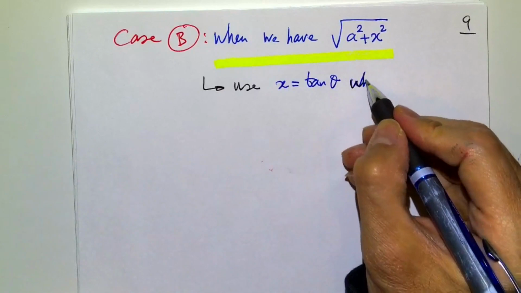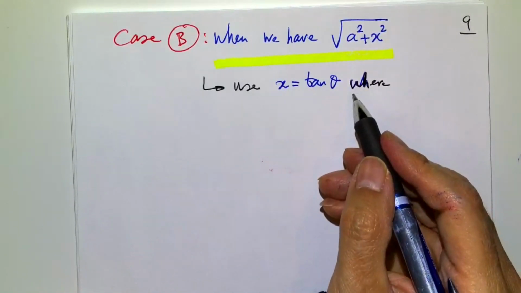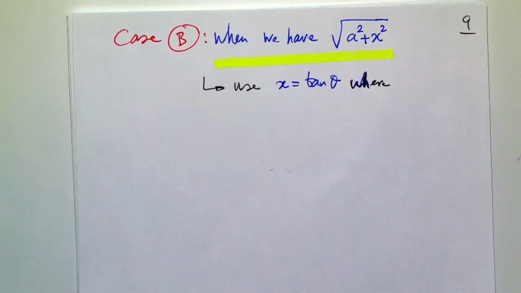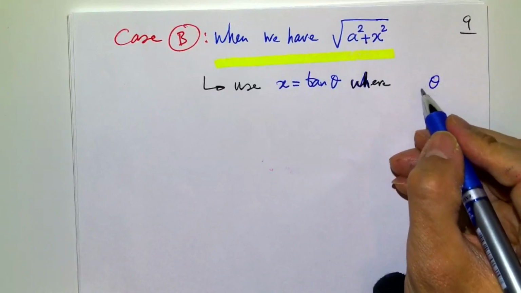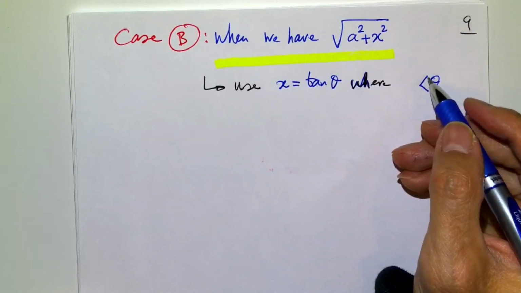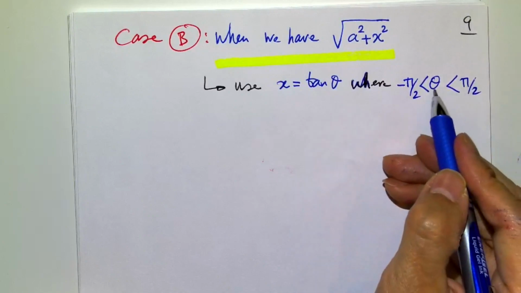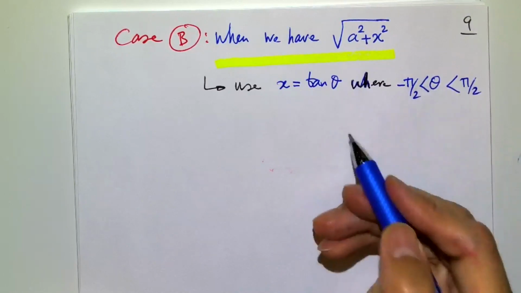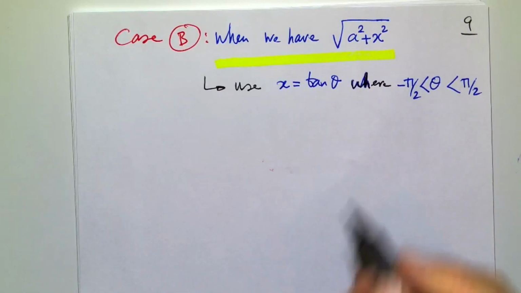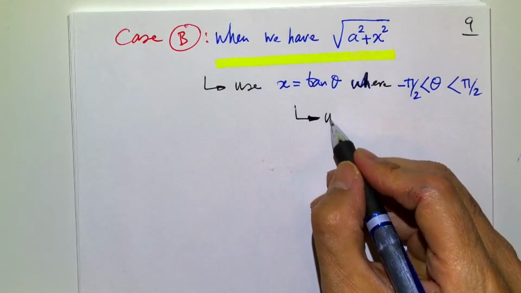Where again, we have to restrict the domain of the theta, or this function, where theta is between, because tangent is sine divided by cosine, so cosine is 0 at negative pi over 2 and pi over 2, so theta cannot include those two limits, boundaries.